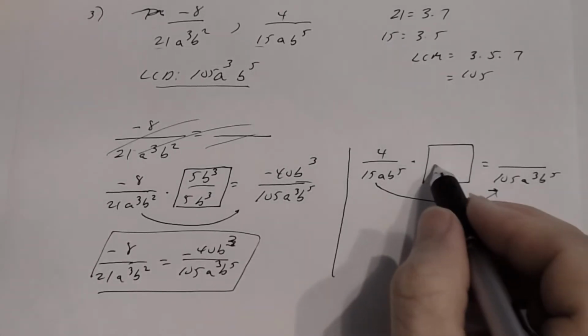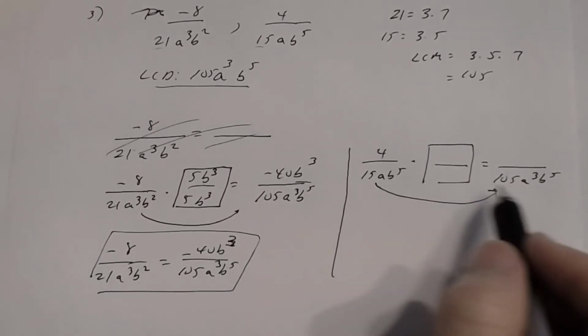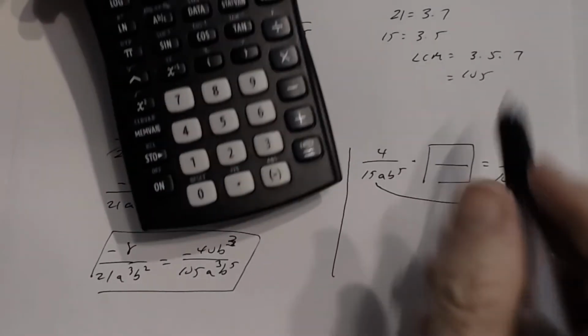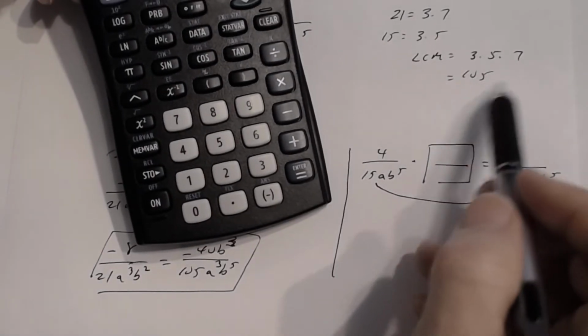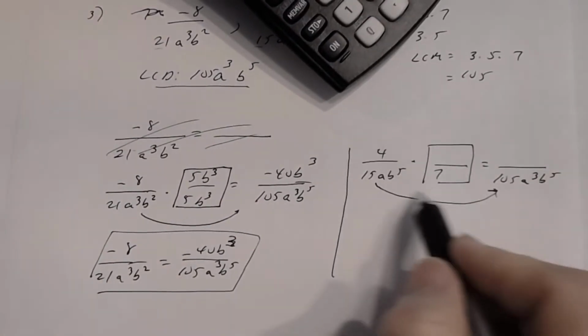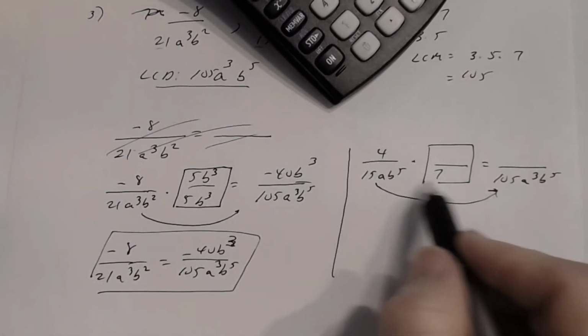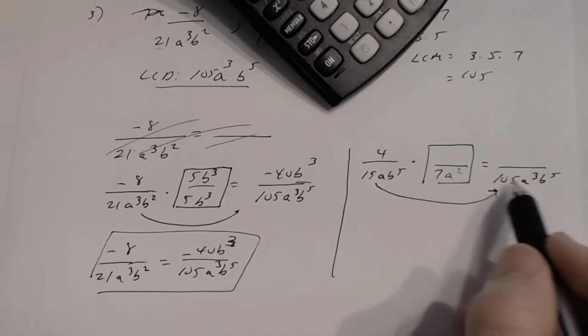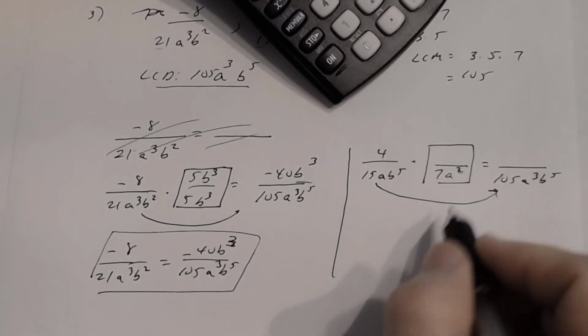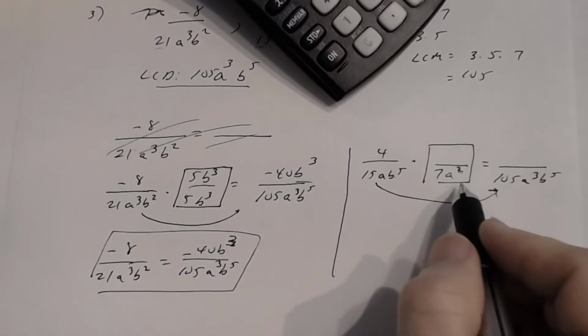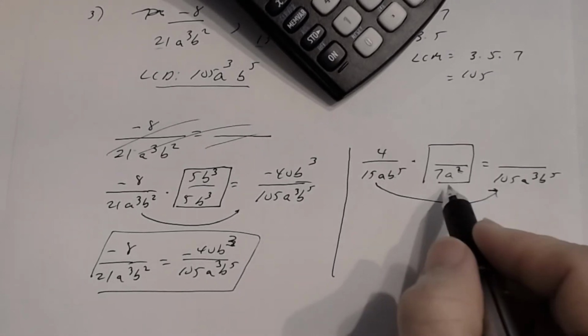Okay, so what's missing? So 15 times 7, use your calculator, or you can say 15 times 7 is 105, so this needs to be a 7. a times a squared is a cubed. So notice this is a squared. b to the fifth times 1 is b to the fifth. So I don't need any b's here.